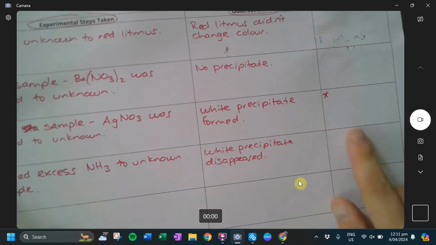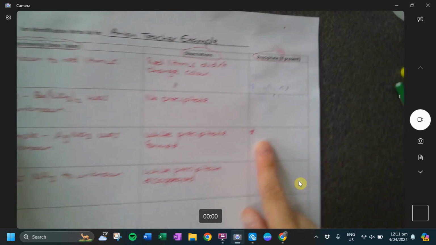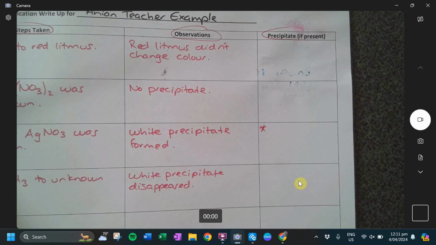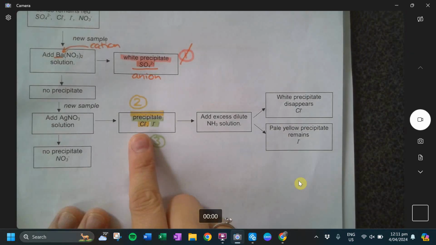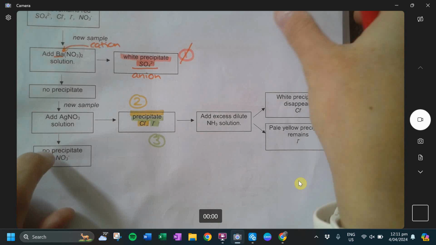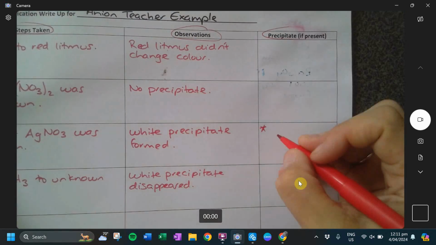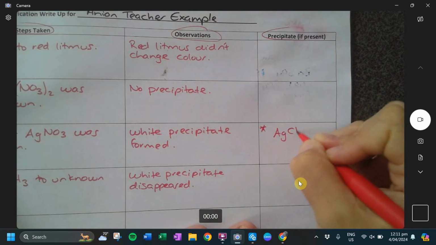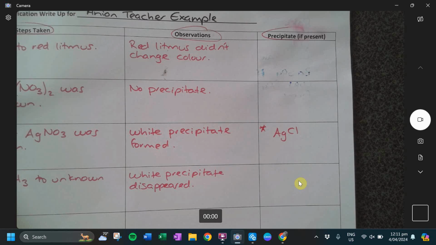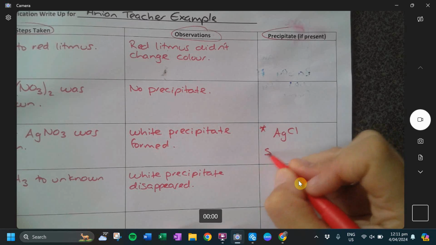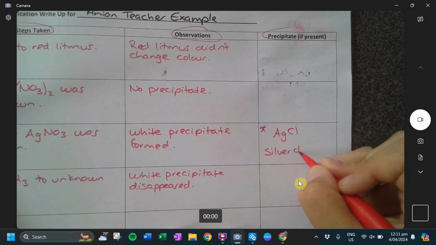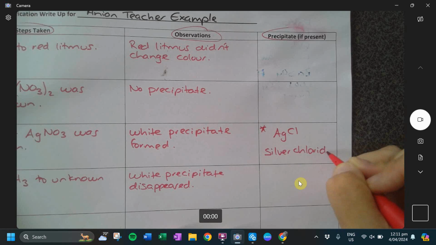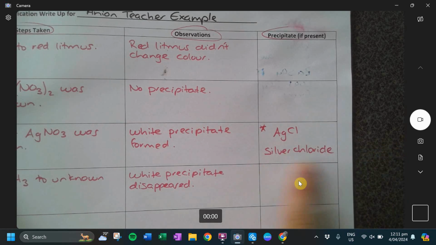So let's actually go through here. What was my precipitate over here, now that we know what it was? Chloride, but chloride with what? Chloride with silver. So the precipitate in this case was silver chloride. For this step, I want you to write the ionic formula, but also write silver chloride, because if you get your formula wrong, I can still pass you with this.